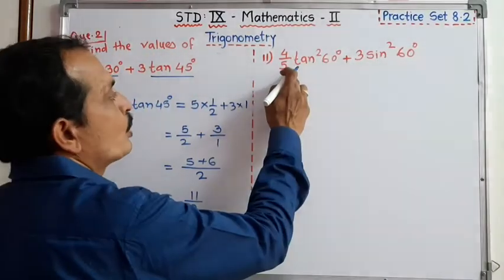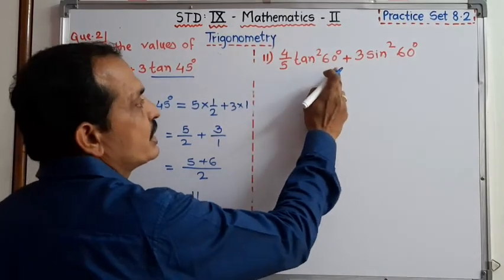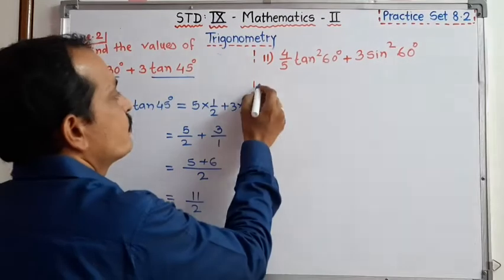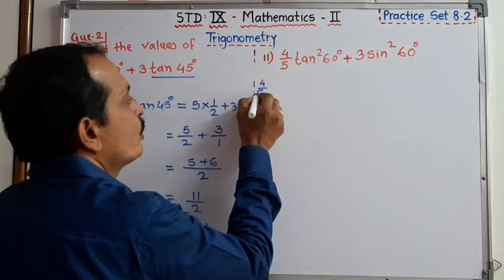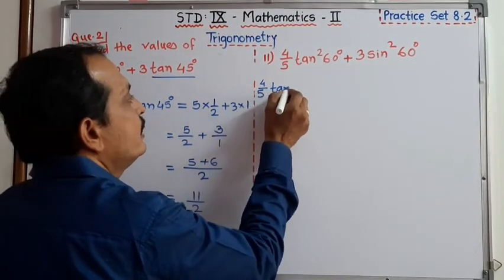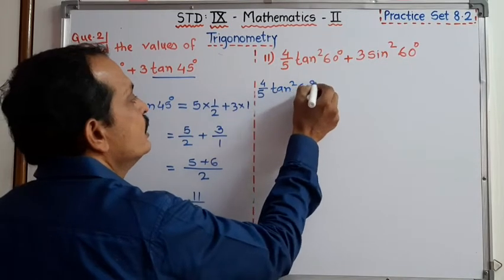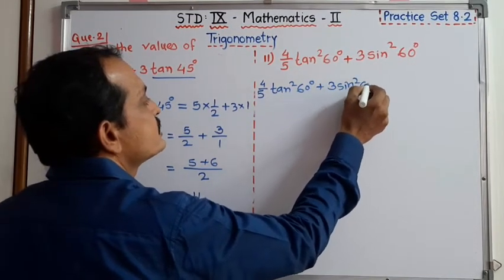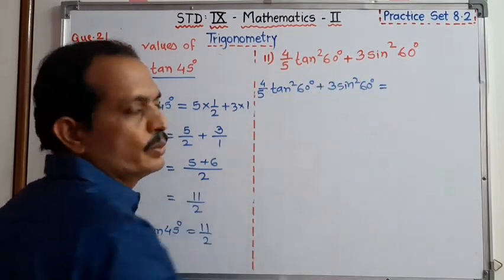Here it is 4 upon 5 tan square 60 degree plus 3 sin square 60 degree. Therefore, first of all we write 4 upon 5 tan square 60 degree plus 3 sin square 60 degree is equal to.